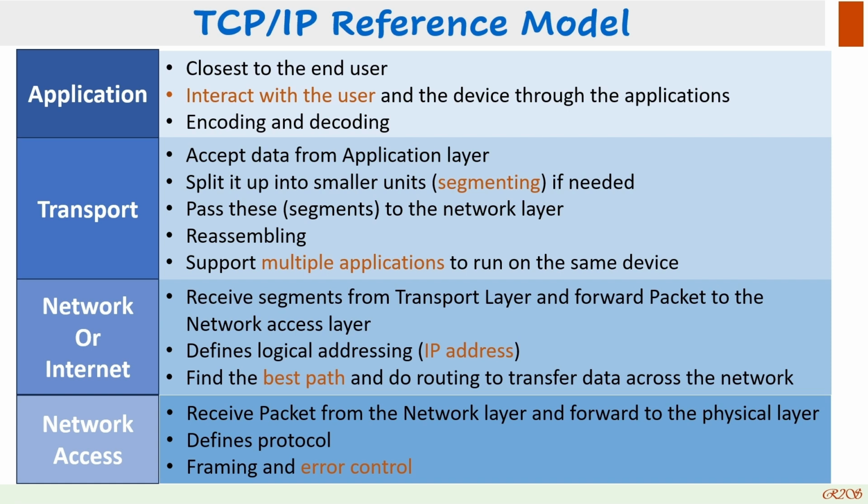And the application layer takes all of this user data and forwards it to the transport layer. The transport layer splits all the messages, all the user data, into smaller units called segments. The transport layer also does one more thing: it supports multiple applications.